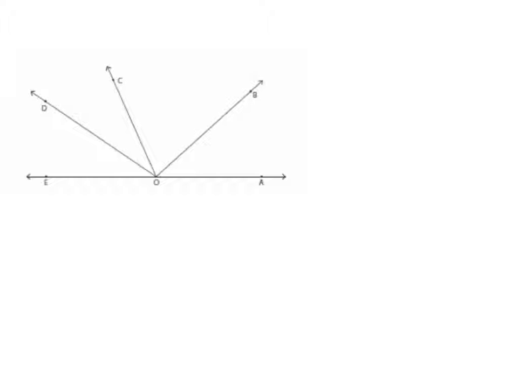Angle 3 and angle 4 are adjacent. Angle 1 and angle 3 are not adjacent. Angle 1 and angle 4 are not adjacent. Angle 2 and angle 4 are not adjacent. They have to be right next to each other and share a side in order to be adjacent.